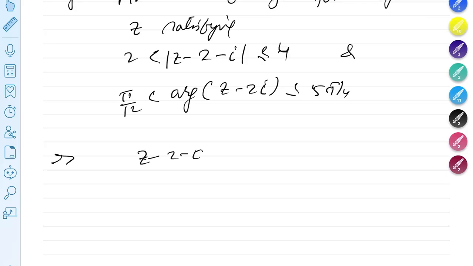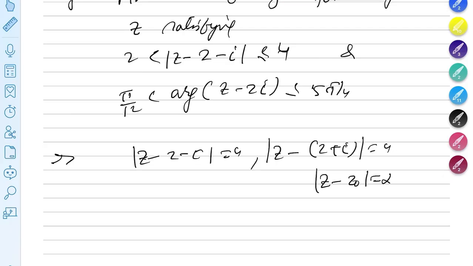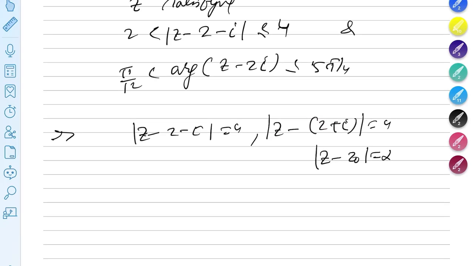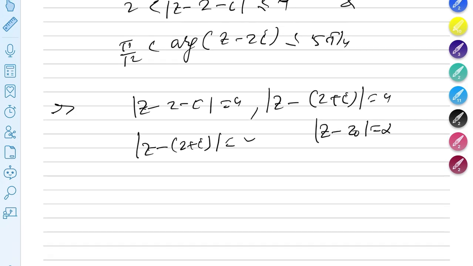First we'll draw the argument range. The modulus of z minus 2 minus i equals 4, because z minus z naught equals alpha; there is a minus here, so we'll write it like this. The other is the modulus of z minus 2 minus i equals 2.